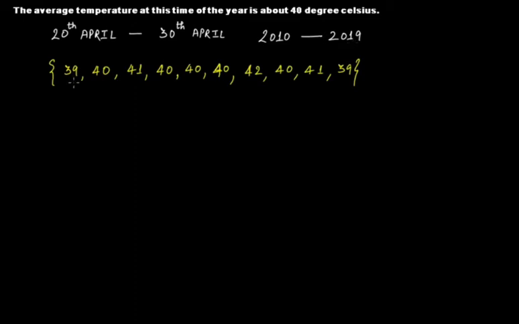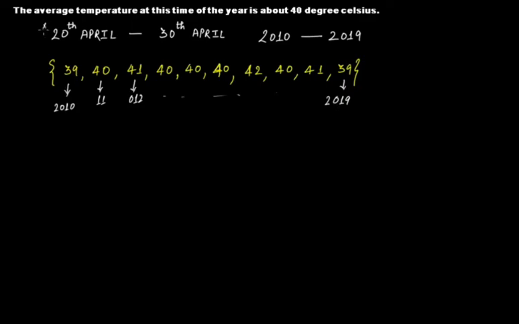So this is for the year 2010. This is for 2011. This is for 12, and finally this one, and so on. And this one will be for 2019. So we started from 2010, we reached 2019.